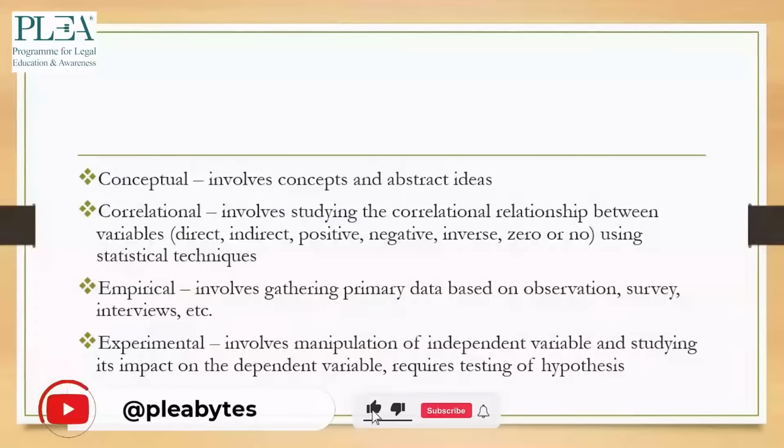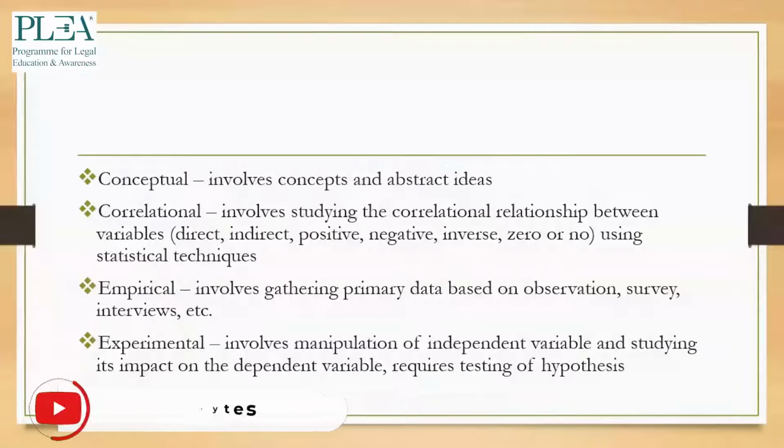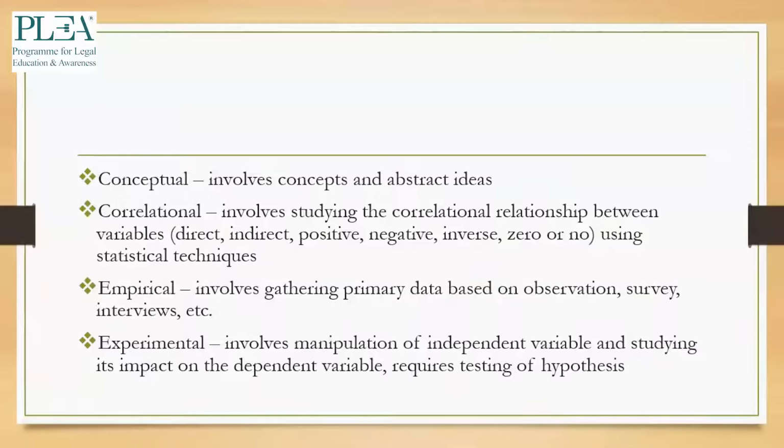Empirical. Empirical involves gathering primary data, the data that you get freshly from your field work based on observation. You can observe human behavior. You can observe a particular concept or a scenario or your research problem, and then you can try to find the right kind of data and analyze it.